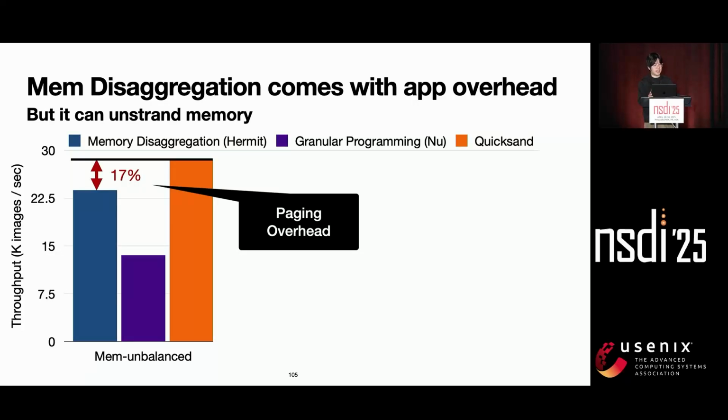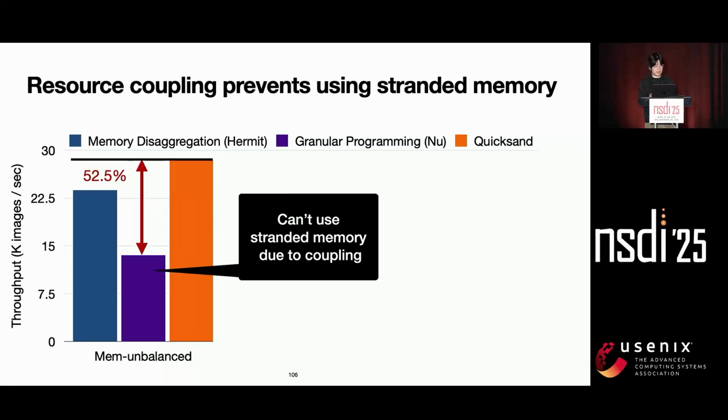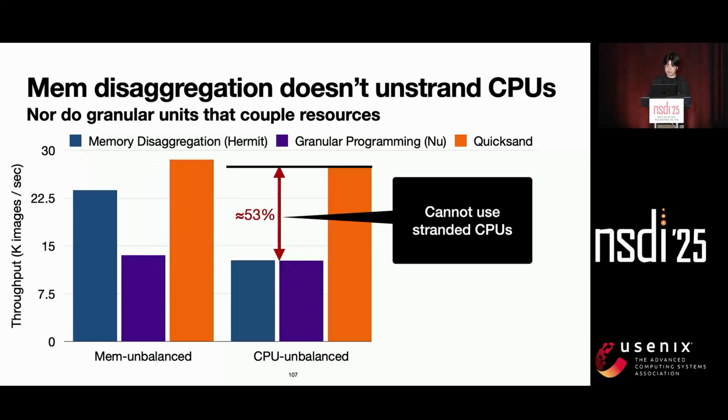In the memory unbalanced setup, Hermit can use stranded memory across servers through paging, but paging introduces non-negligible overhead, resulting in 17% lower throughput compared to Quicksand. Nu only achieves half of Quicksand throughput because it cannot use stranded memory due to resource coupling. In the CPU unbalanced setup, Quicksand achieves 2 times the throughput compared to both baselines.